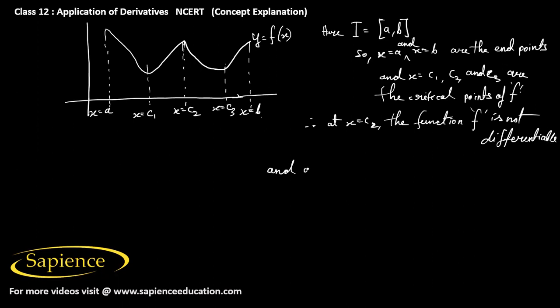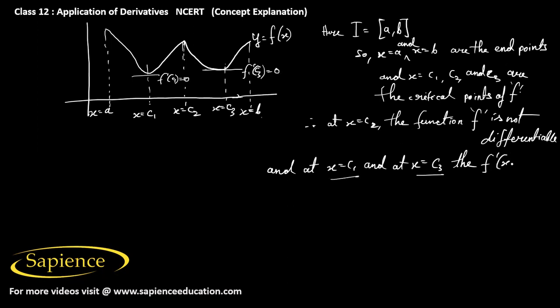And at x equal to c1 and x equal to c3, the slope of the tangent to the function is 0. It means f dash of c1 is 0 and f dash of c3 is also equal to 0. So these three are the critical points and these two are the endpoints.